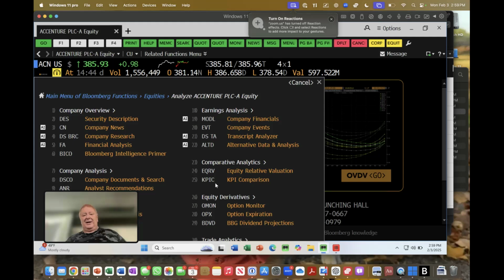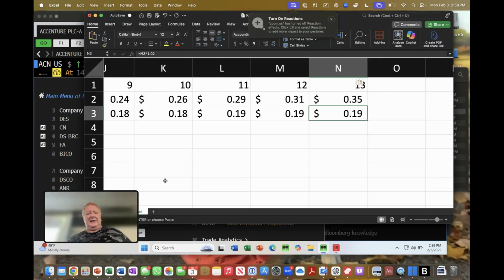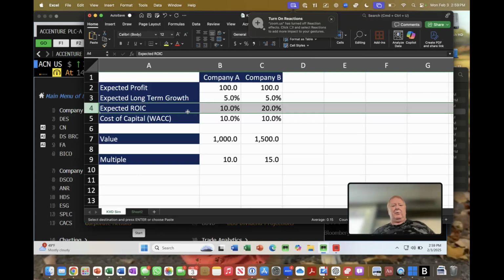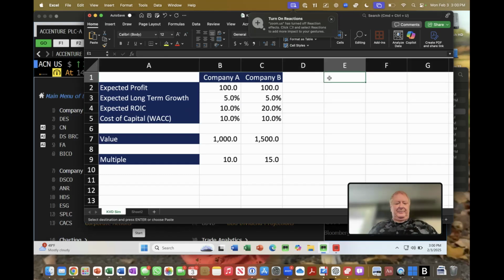Okay. So I know, if I'm trying to understand the share price of Accenture, I need to know four things. So column E, ACN, Accenture. All right. So first thing I need to know is their expected profit.